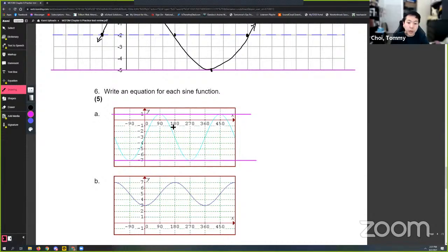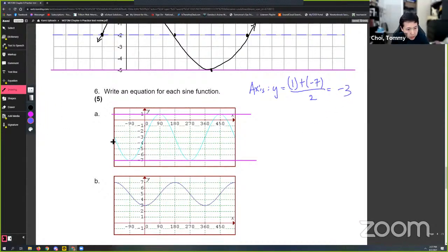And then where's the equation of the axis there? Well, you can solve for it, right? If the peak is 1 and the trough is negative 7, you can do the math. The axis is y equals max, which is 1, plus negative 7, divided by 2, which gives us negative 6 divided by 2, which is negative 3.